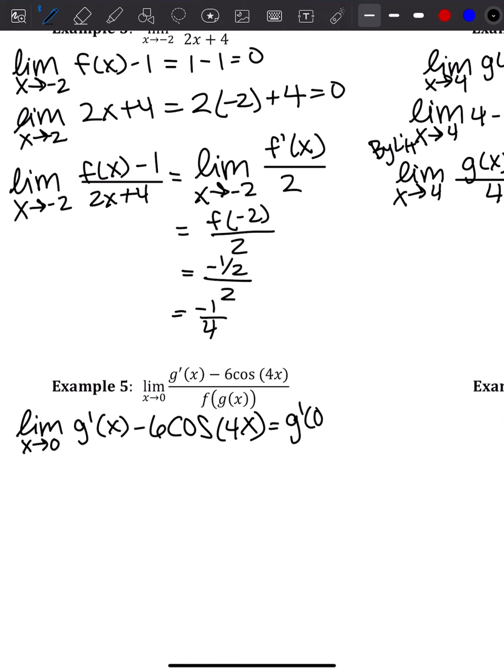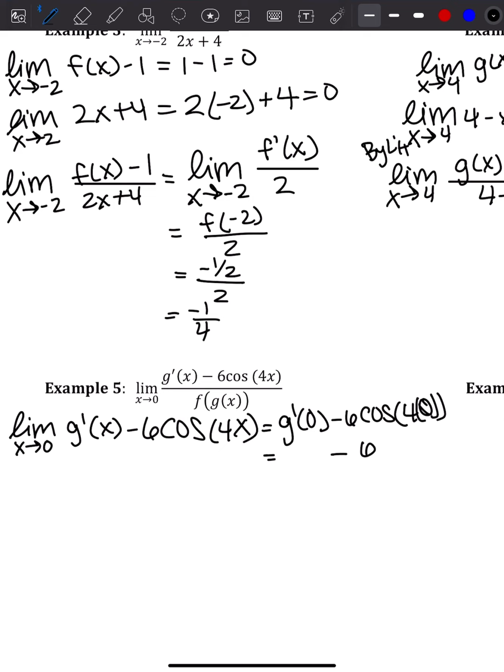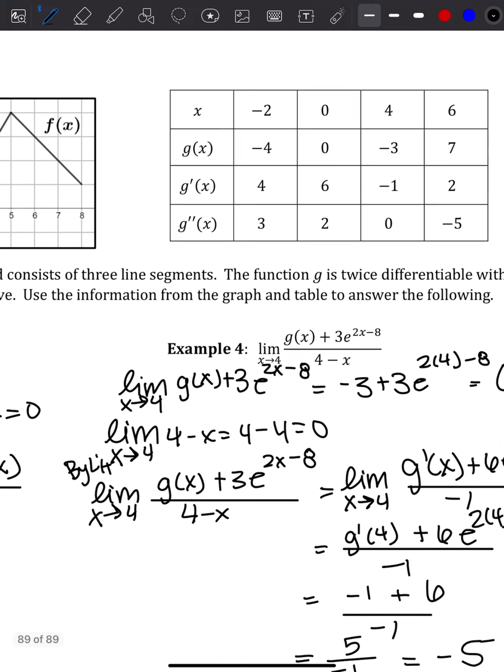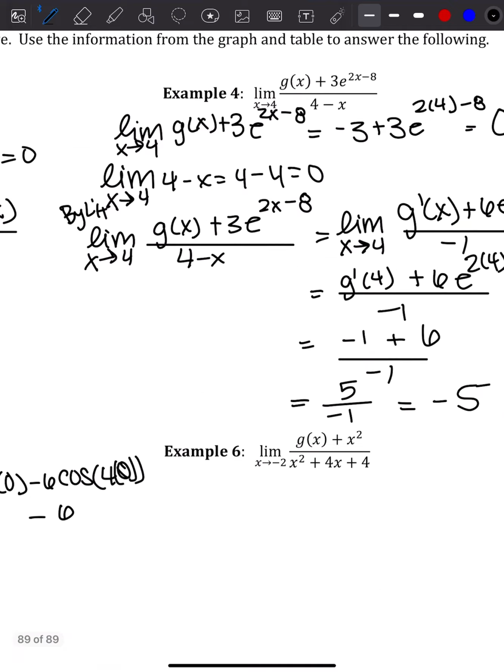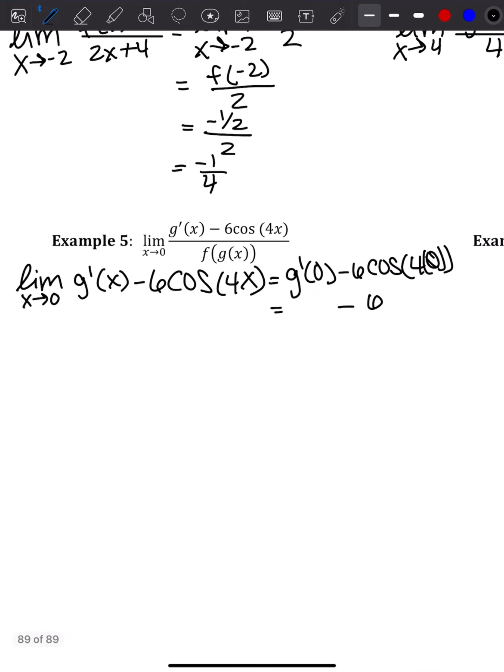So g prime of 0 minus 6 cosine times 4 times 0. Well, cosine of 0 is 1, so 6 times 1 is going to turn into our minus 6. G prime of 0 happens to be 6, which would make sense, and 6 minus 6 equals 0.